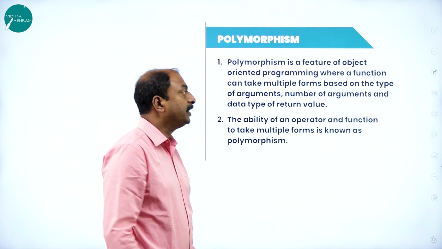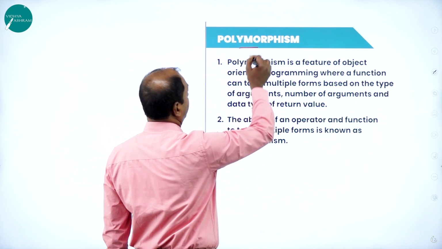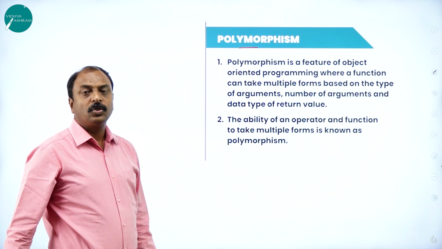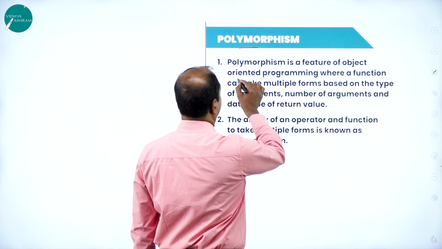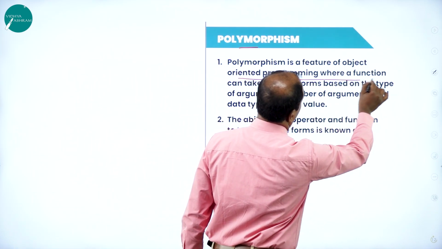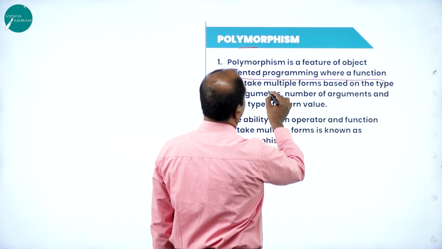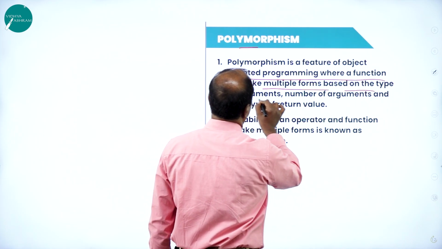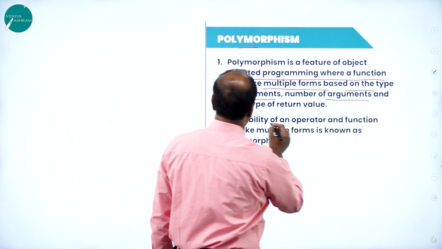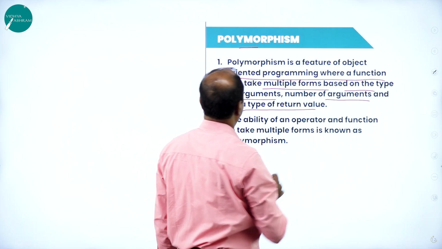Next definition is polymorphism, or data polymorphism. What is data polymorphism? It is a feature of an object or programming where a function can take multiple forms based on the type of arguments, number of arguments and data type of the return value.